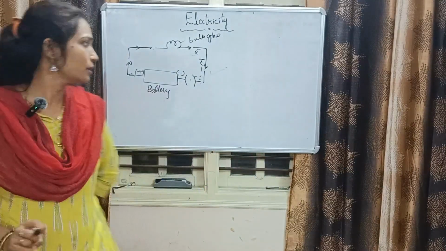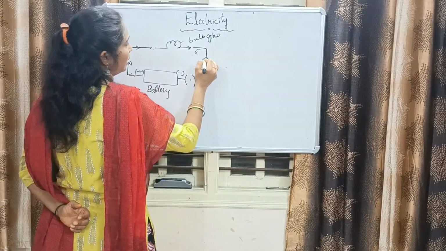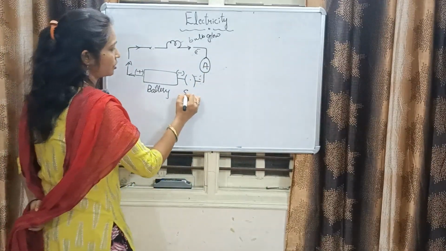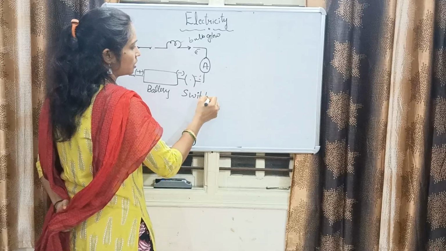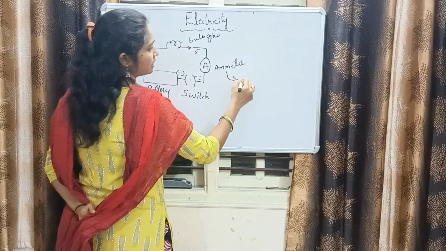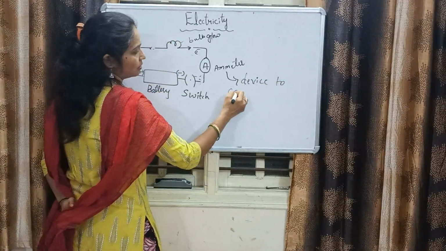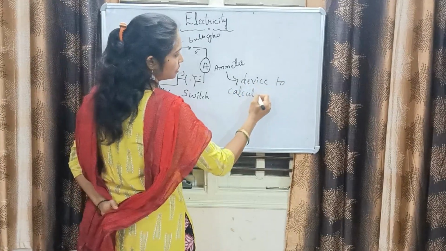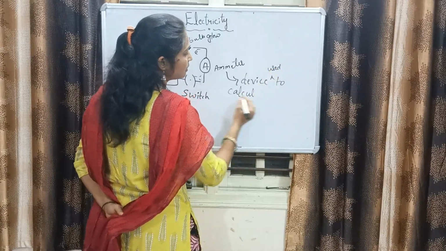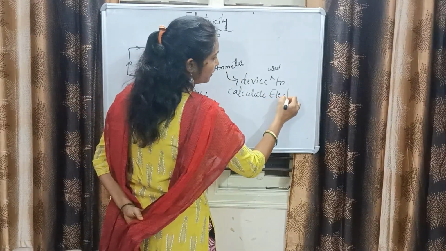Very important, your circuit must contain an ammeter. What is this ammeter, guys? This is a switch, and this is an ammeter. This is a device used to calculate electric current.